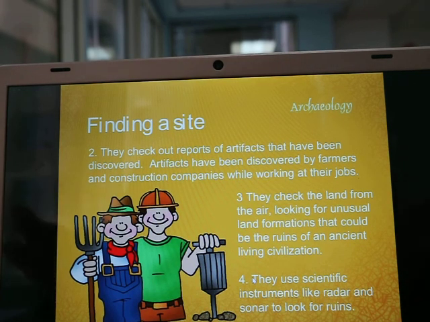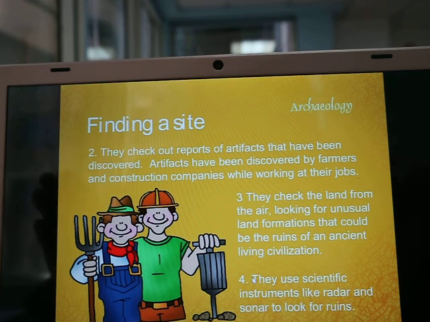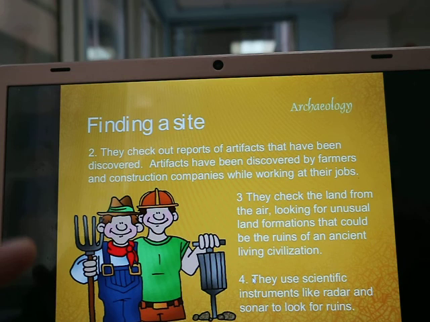So third, they check the land from the air, looking for unusual land formations that could be the ruins of an ancient living civilization. Okay, they're also looking for, for example, different or unusual land formations. So they're thinking, if this is unusual, what is the usual land formation?